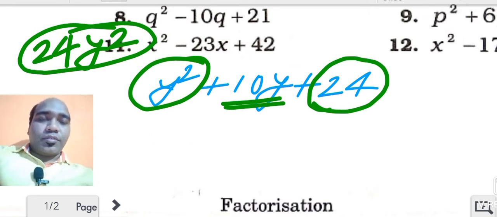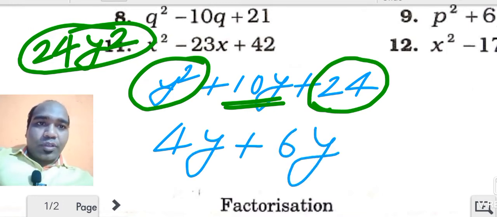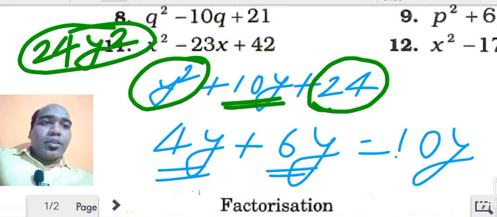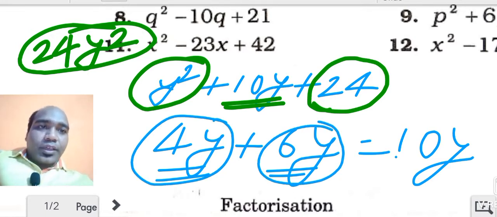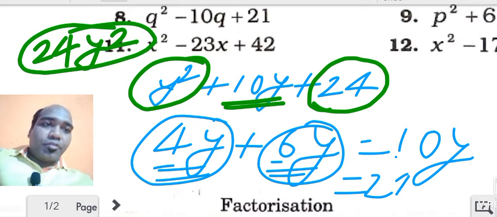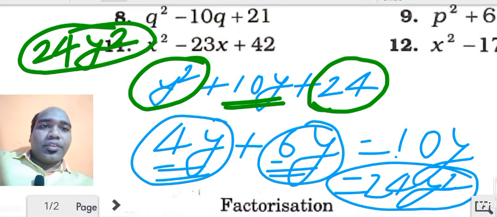So what is another way? If we take 4y plus 6y, how much will we get? 10y. And if we multiply 4y and 6y, 4 into 6 is 24, and y into y is y square, so after multiplication we get 24y square. Is it satisfying both the conditions?